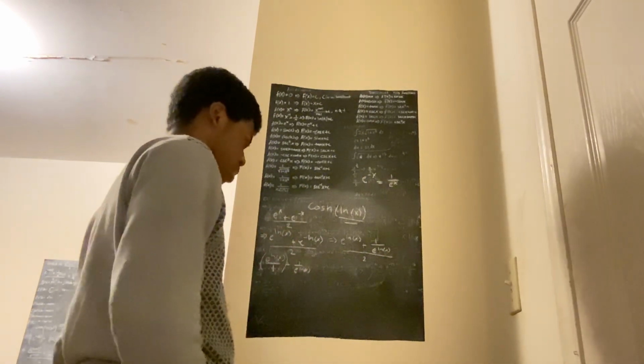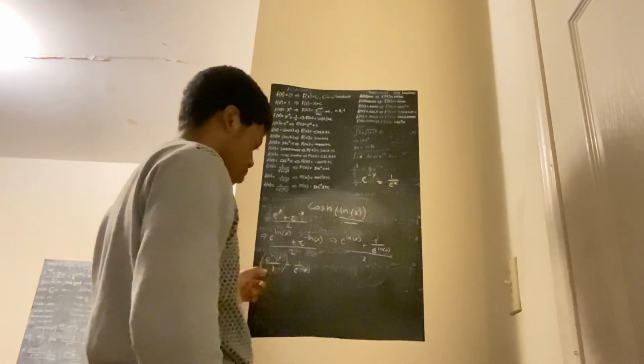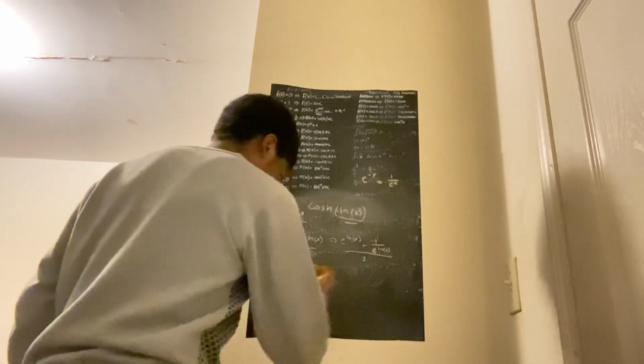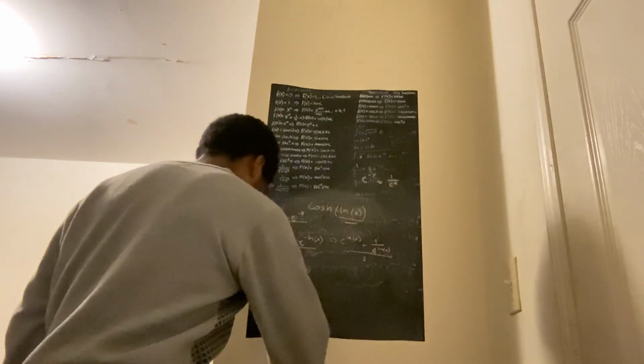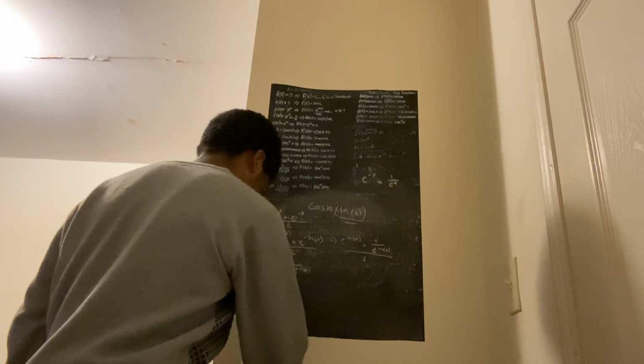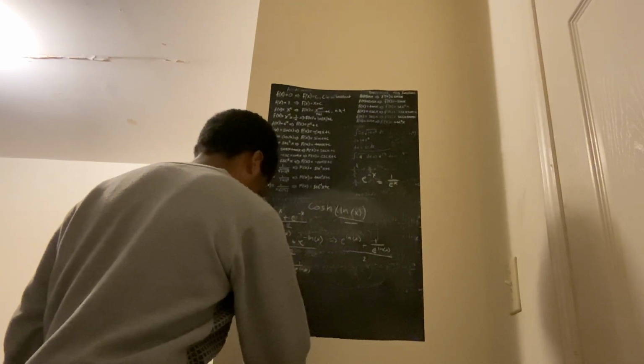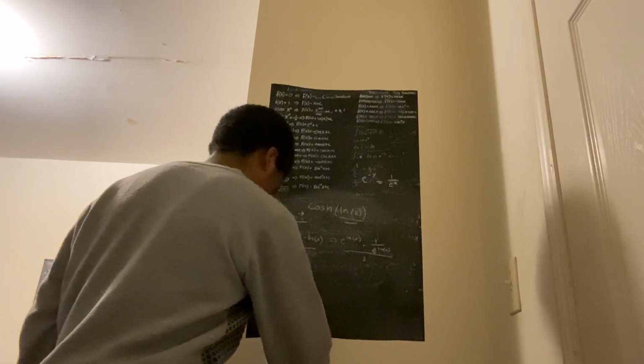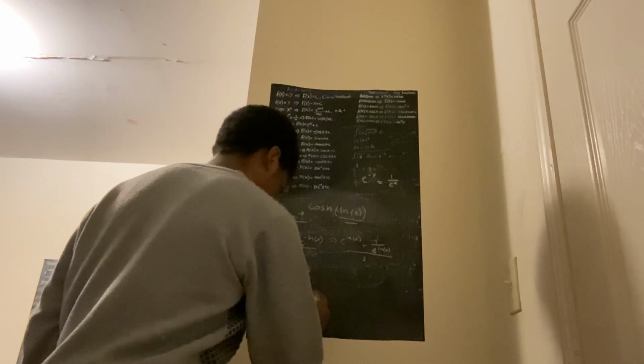And now you can find the same denominator for both. So it would be e to the power of ln of x times e to the power of ln of x over 1.